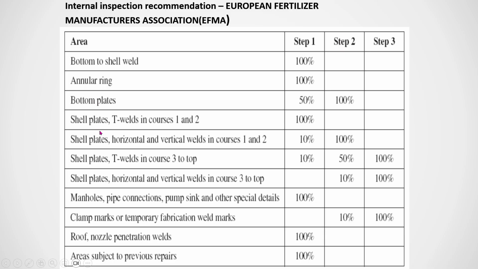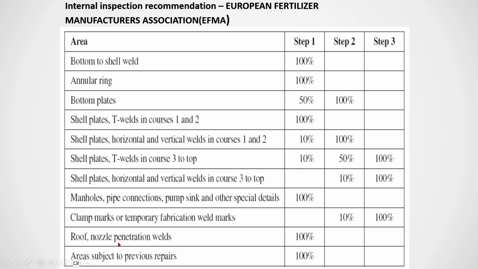Similarly, shell plate T welds occur at step 1 and 2. Shell plate T joints, because there are horizontal joints, circumferential joints, and vertical joints between the two plates. Where the vertical joint meets the horizontal circumferential joint, that is called the T joint. There we have to go for 100% inspection.